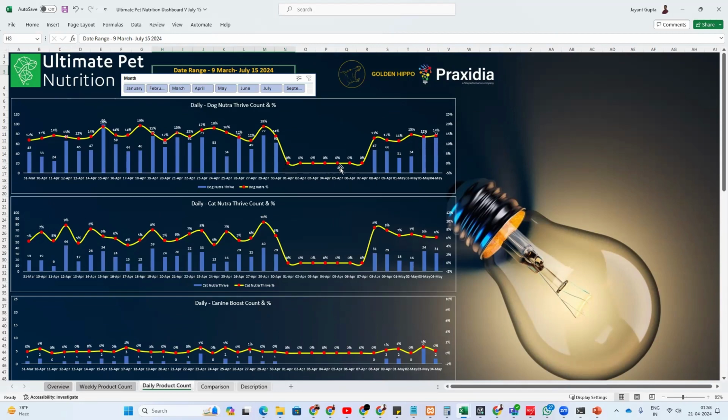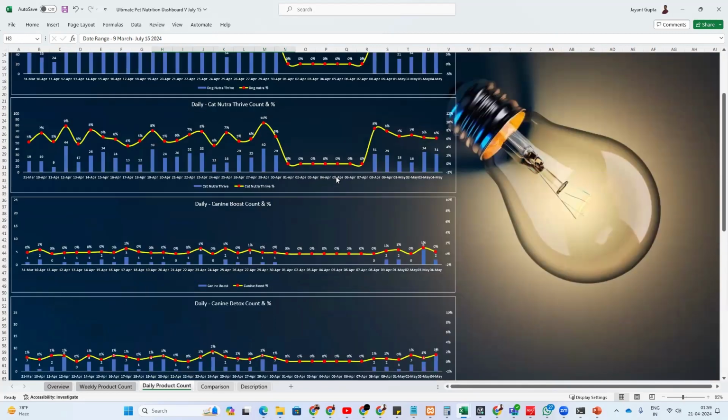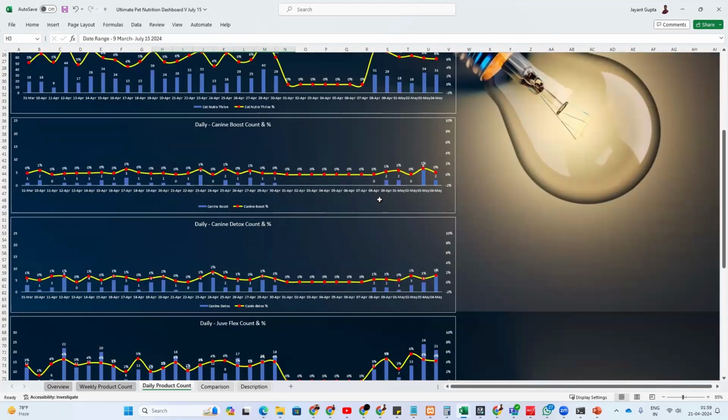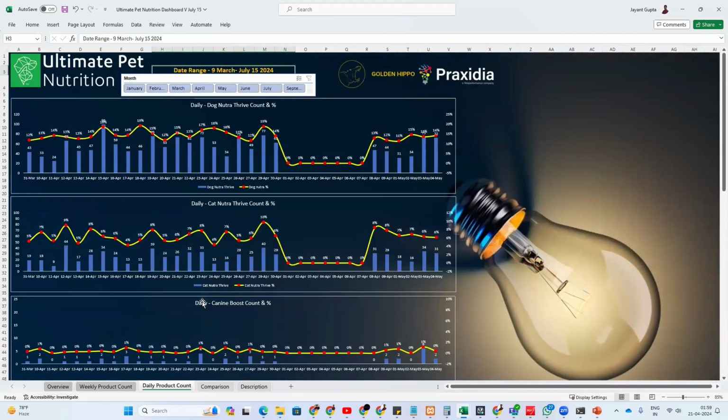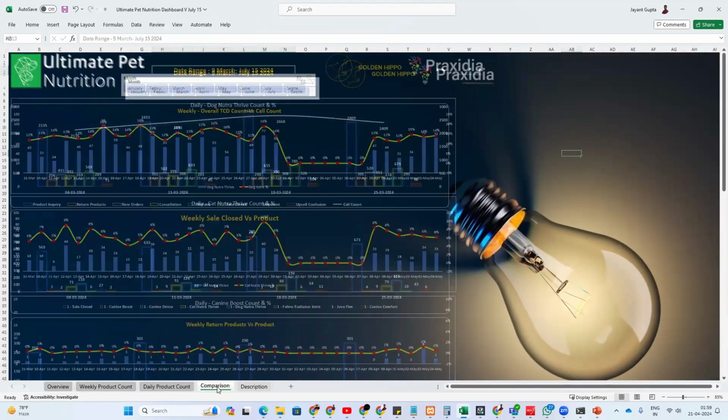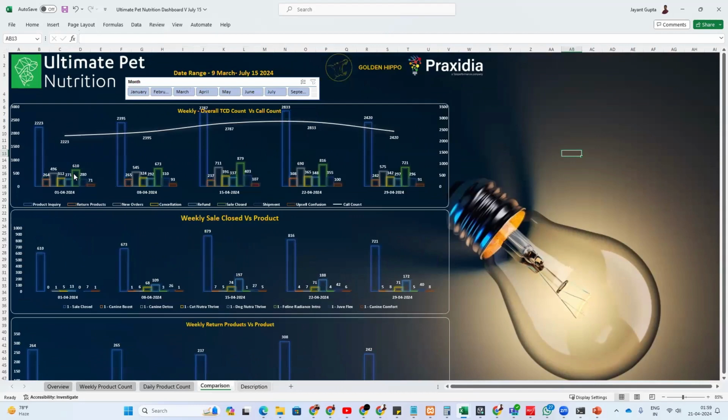As you can see, there is a dip down and probably there were no calls during this period, which is why we don't have calls. Moving on, after daily comparison, we have a comparison. Weekly comparison for the top call driver versus the call count. These are all the top call drivers.